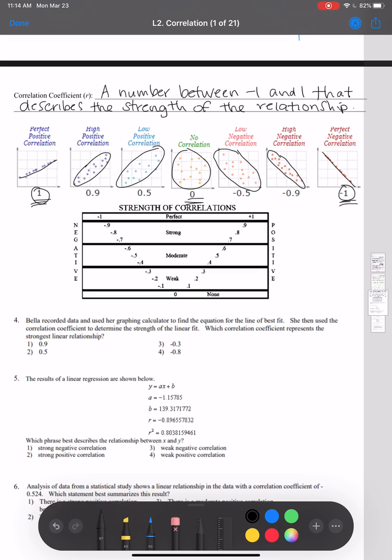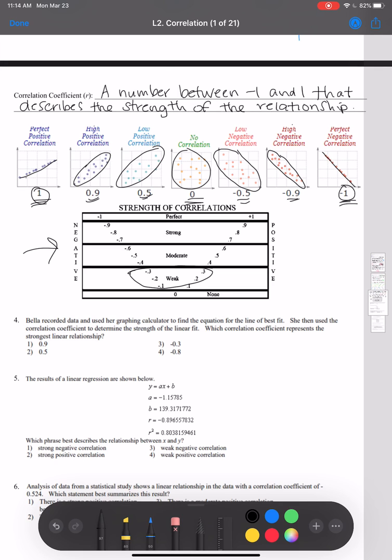The closer you are to 1 or -1, such as 0.9 or -0.9, that's considered high or strong. And then as you get closer to no correlation, this would be considered moderate. We also have in this table the weak. We consider weak correlations to be any of these numbers here, 0.1, 0.2, 0.3.